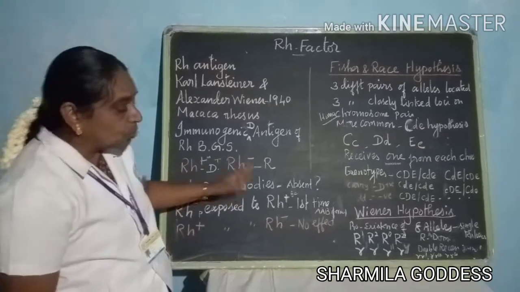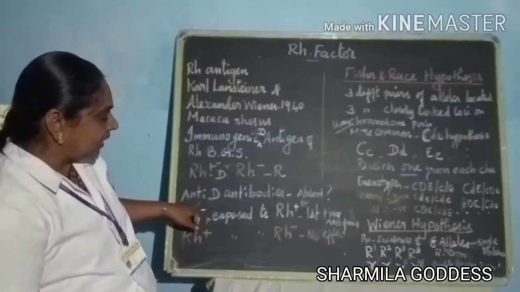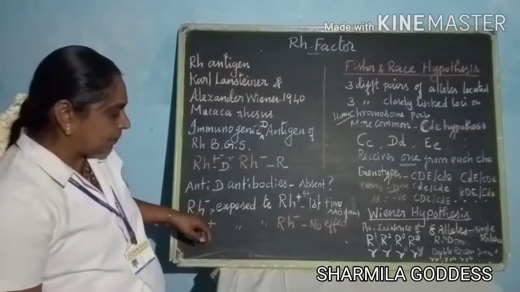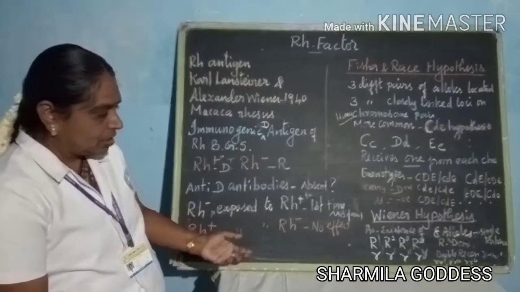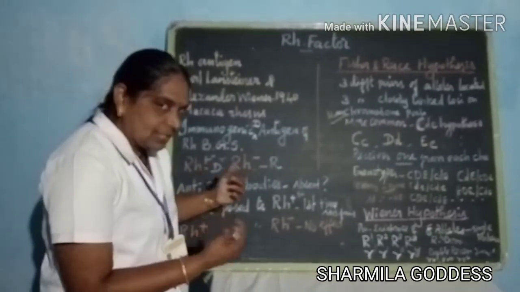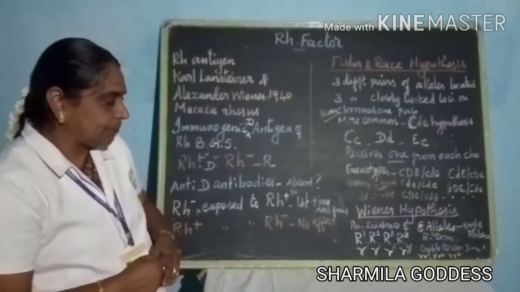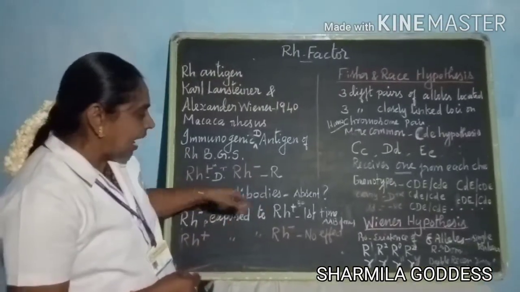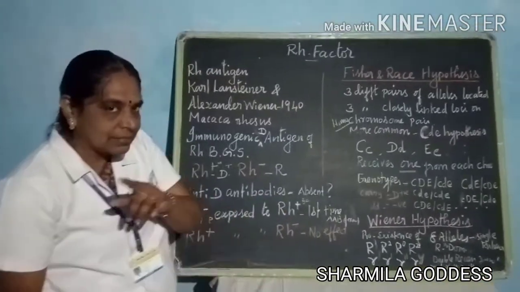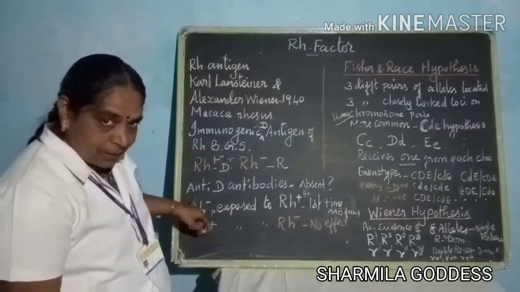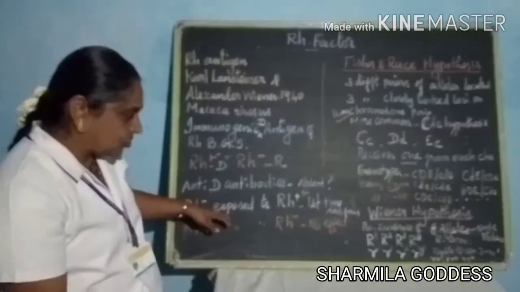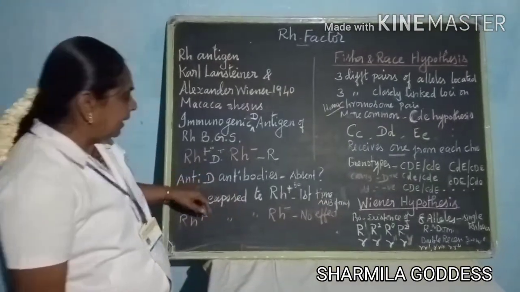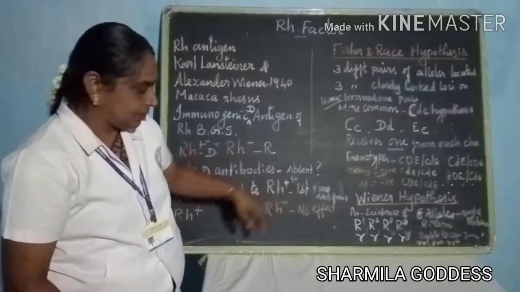But when are the anti-D antibodies produced? For example, if an RH negative person is exposed to RH positive blood at the first time, the anti-D antibodies are formed. Can you understand?